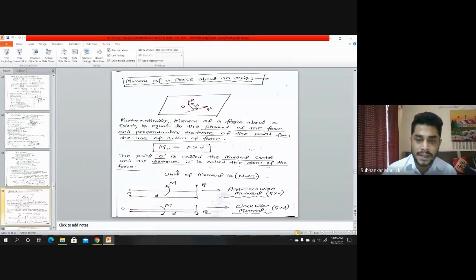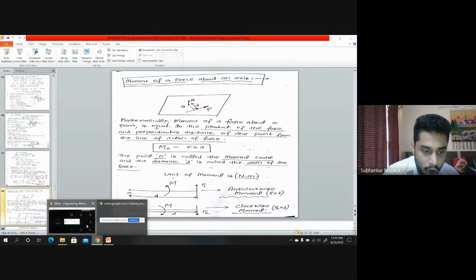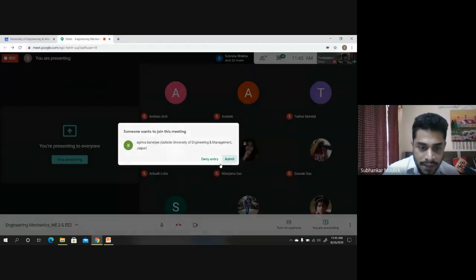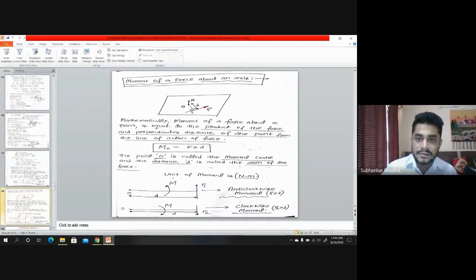So mathematically you can denote moment as F into D. F is the force applied and D is the perpendicular distance from point O, because in this body I am interested in rotating this body about point O. So the moment will be force F into perpendicular distance from the point of application of the force to this fixed point O, F into D.